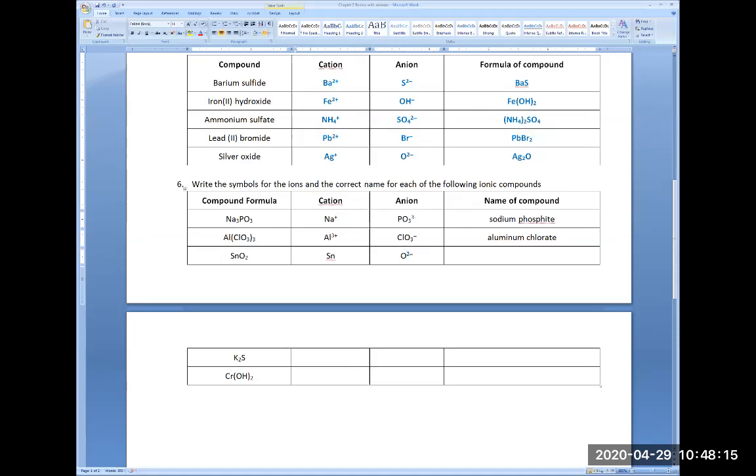And so tin, it's by itself, so it will have to carry all those 4 charges on that one tin. So that's how we find out the charge on tin. It's not from the position in the periodic table, because I see that it's in group 4A. You could think, oh, 4 plus, but hopefully you didn't think like that. And you need to retrieve the charge from the compound formula when you have a variable charge metal.